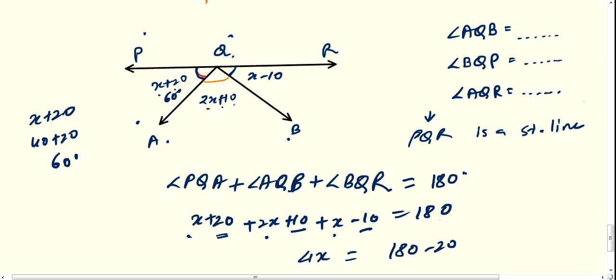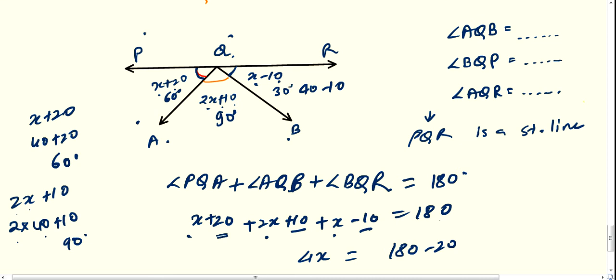Then 2x plus 10: 2x means 2 into x, and the value of x is 40, so 2 into 40 is 80, 80 plus 10 is 90. So this angle is 90 degrees. Then x minus 10 means 40 minus 10, so 30 degrees.